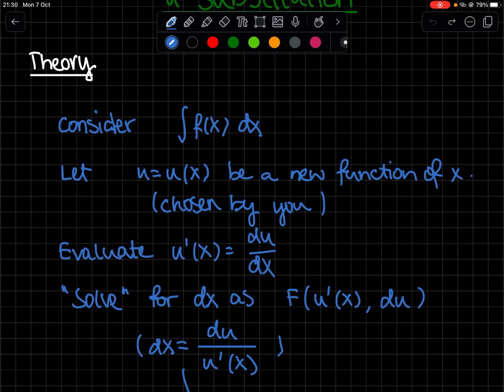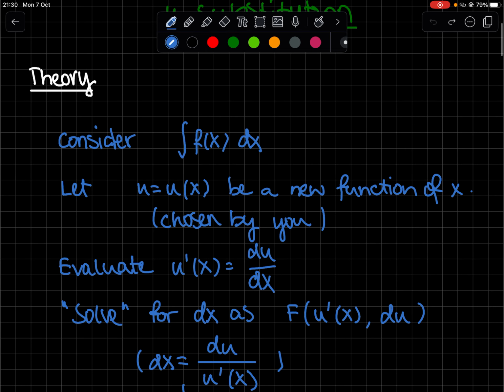Now, you might be wondering how to choose what your u function should be, and it's hard to explain theoretically, but with practice, you'll get used to picking the appropriate function u.